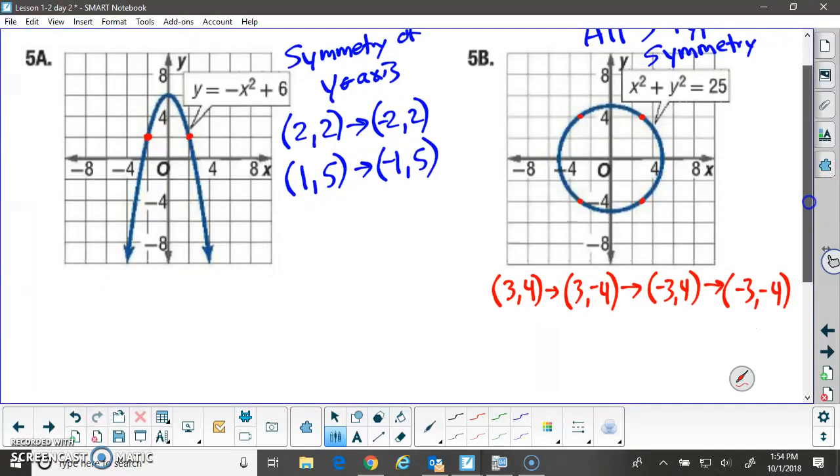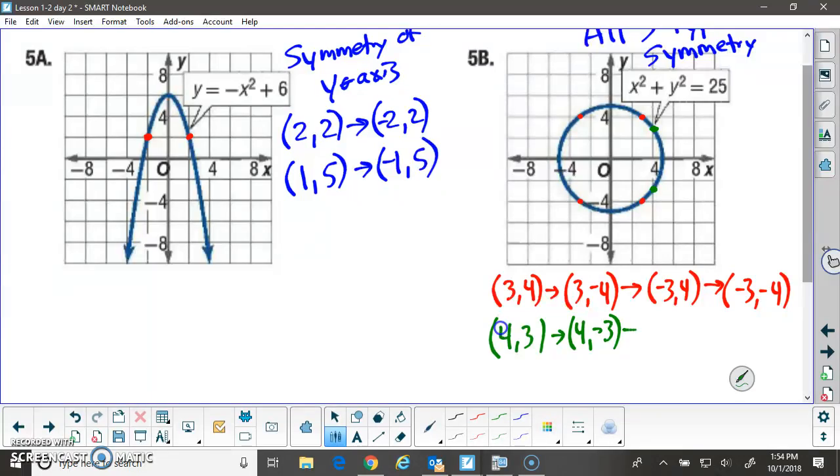And if we were to find another coordinate point, let's do it in green, choose the coordinate point 4, 3. 4, 3 is located right here. And so if it has that coordinate point and there's symmetry of the x-axis, it should also contain the coordinate point 4, -3, which it does right here.